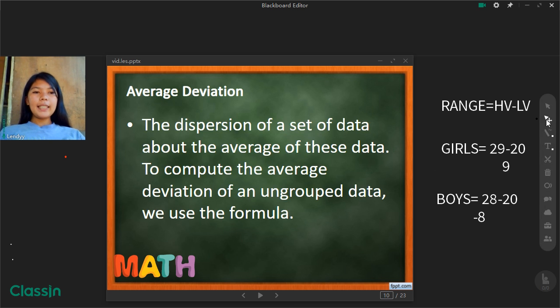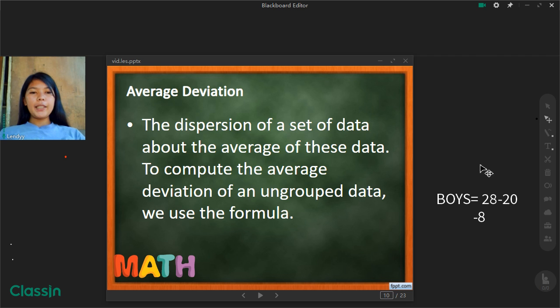Next, another component of the measures of variability of ungrouped data is the average deviation. The average deviation is the dispersion of the set of data about the average of the data. To compute this average deviation of ungrouped data, we use this formula.